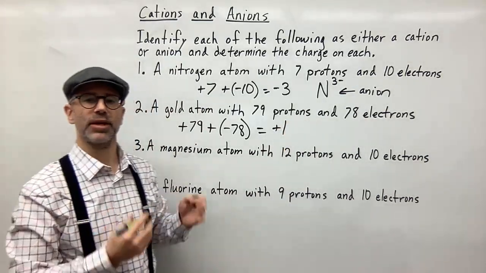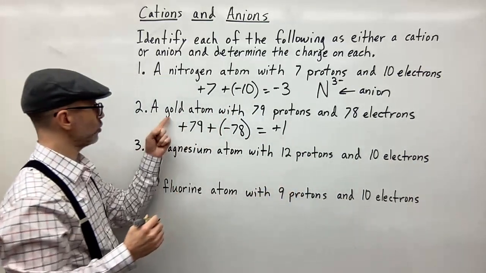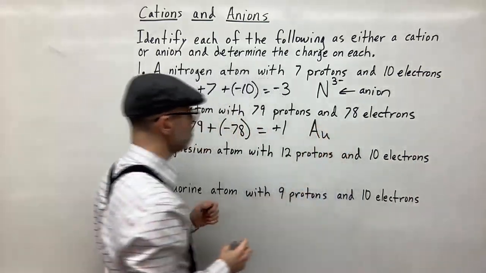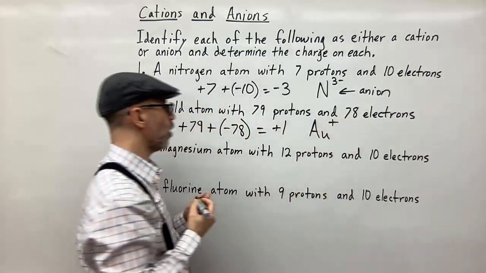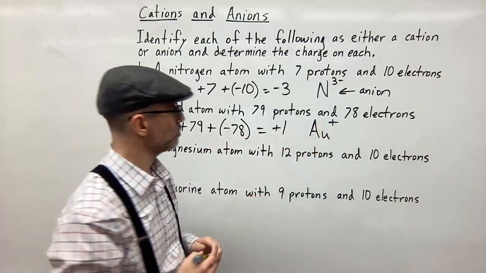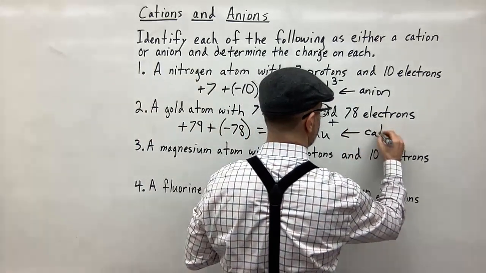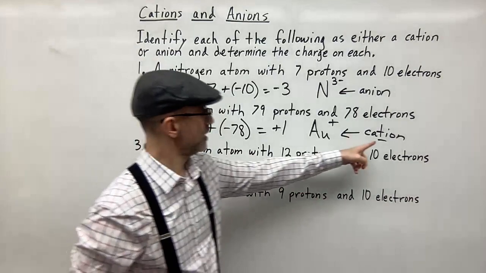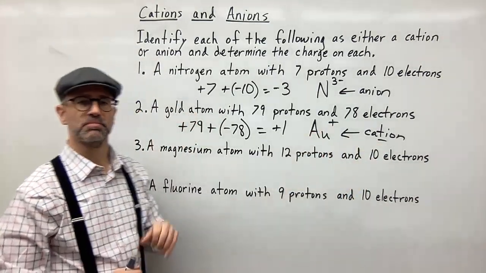So we have a +1 charge on our atom. Gold is Au, and we put a plus sign. We don't write the 1, we just put a plus. It's got a +1 charge. So this is a cation because it's positive. Remember, the T reminds us of positive, so it's a cation.